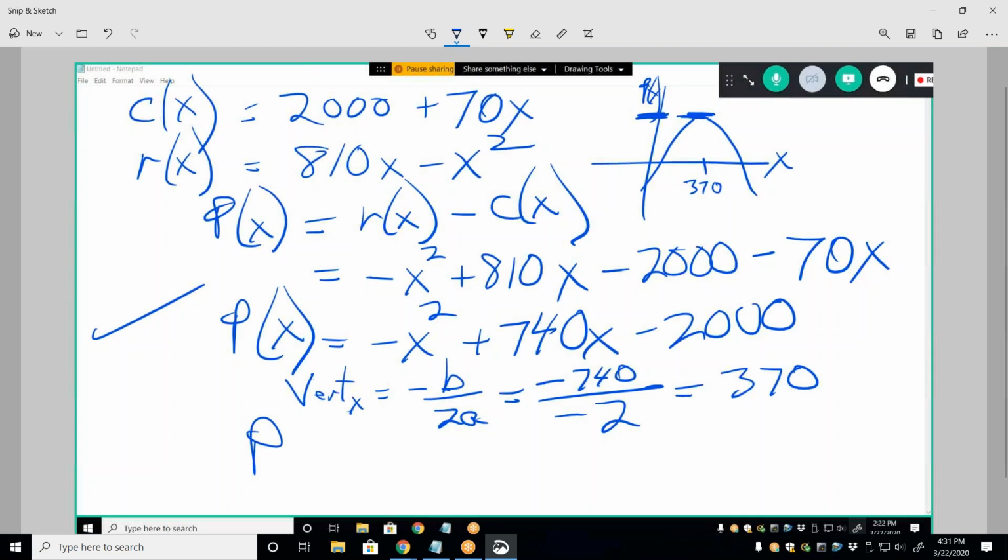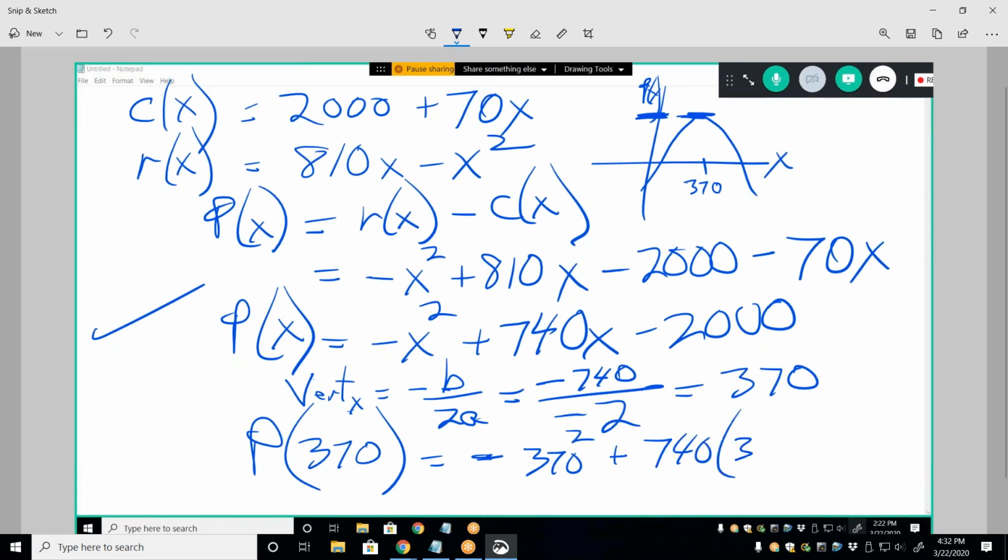In other words, what is the profit when X is 370? Well, it's minus 370 squared plus 740 times 370 minus 2,000. You have a calculator? Yeah. Don't square minus 370.